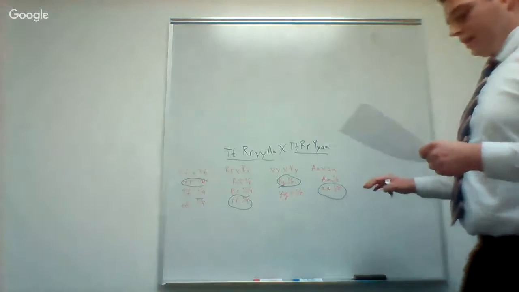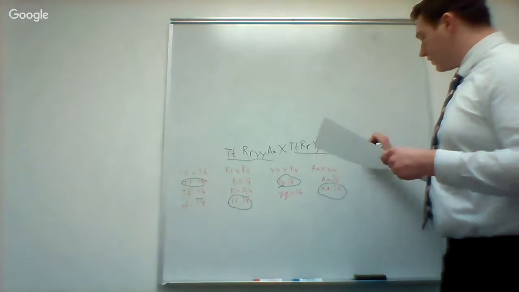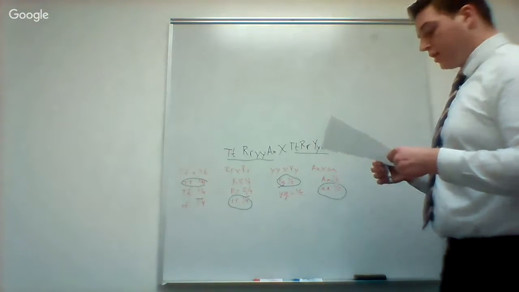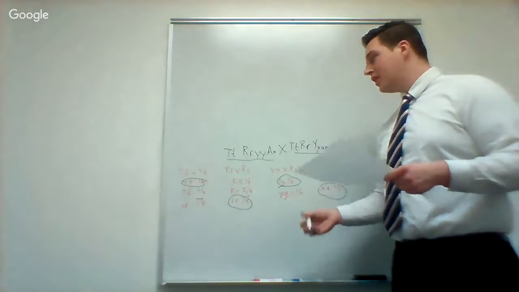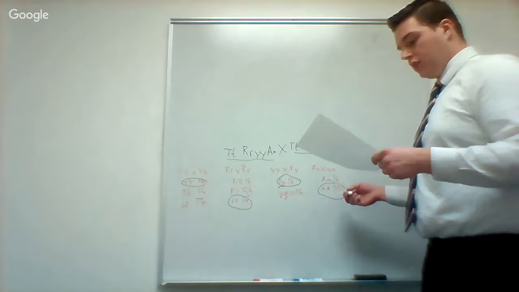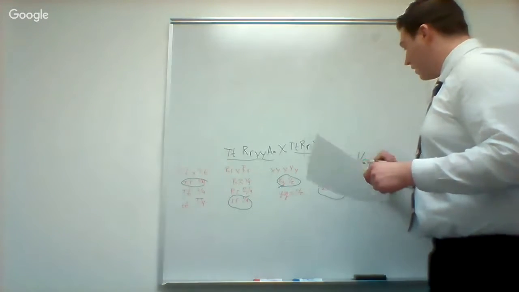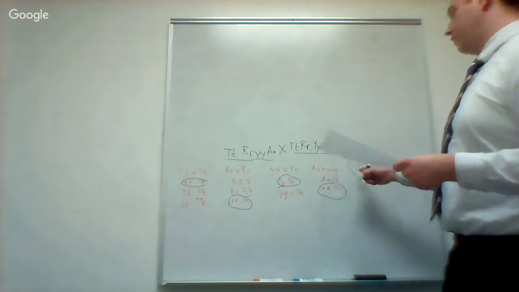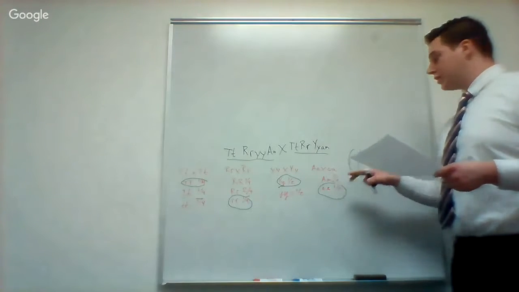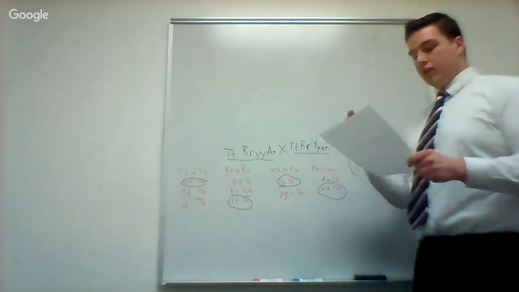And once again, you just multiply them across, and you end up getting 1 out of 64. This is for one offspring. If you just wanted one offspring, the chance is 1 out of 64, but you don't want to know the first offspring. You want to know the first 5 offspring.